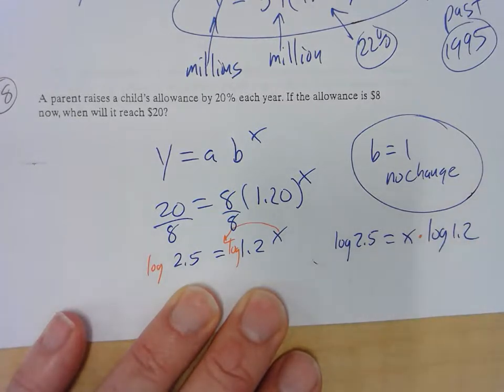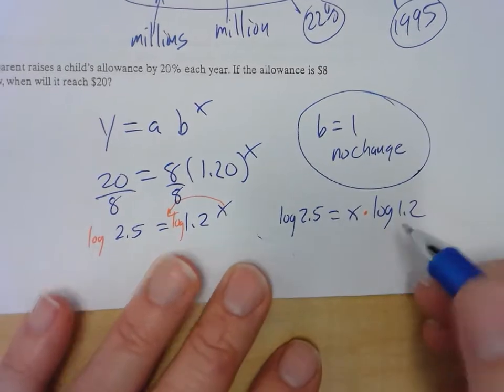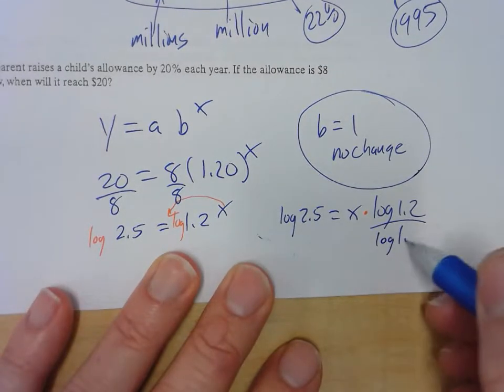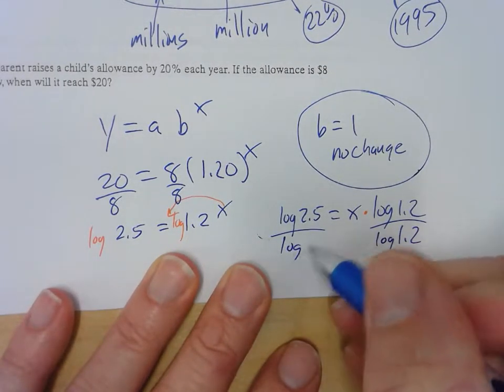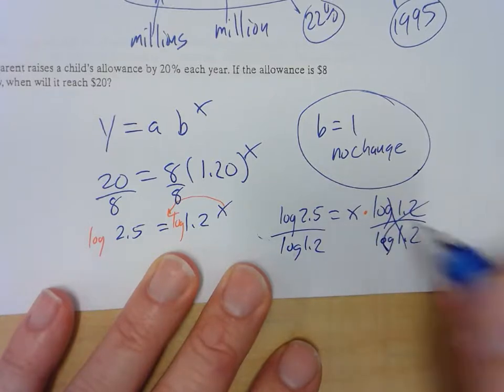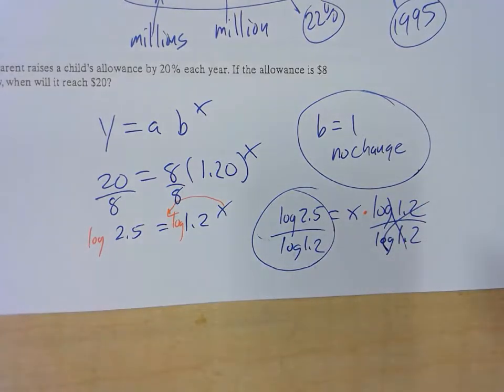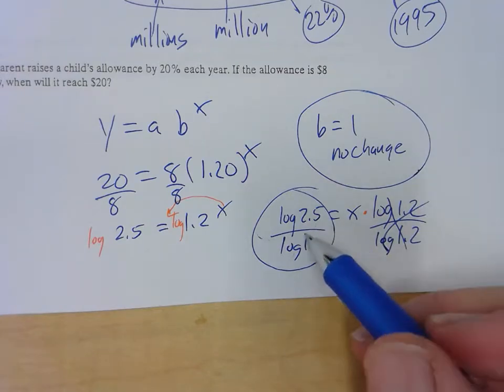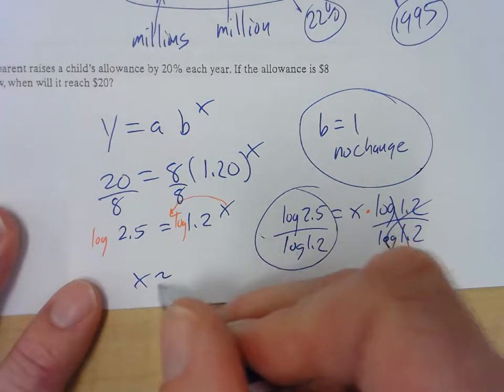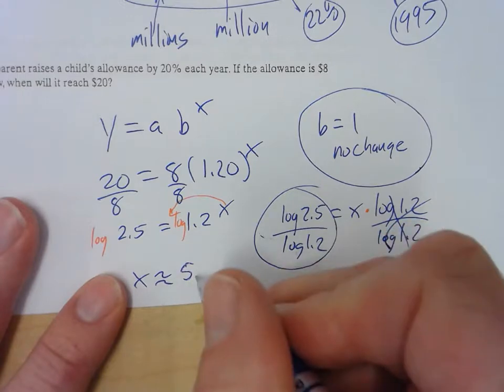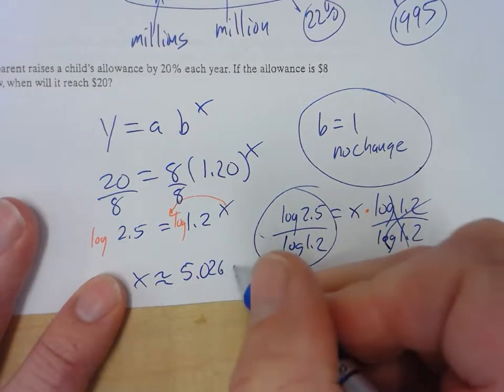There's multiplication there, so we're going to divide back the log. So those cancel out. X is now by itself. That's the exact answer. You type this into the calculator, and you get x is approximately equal to 5.026 years.